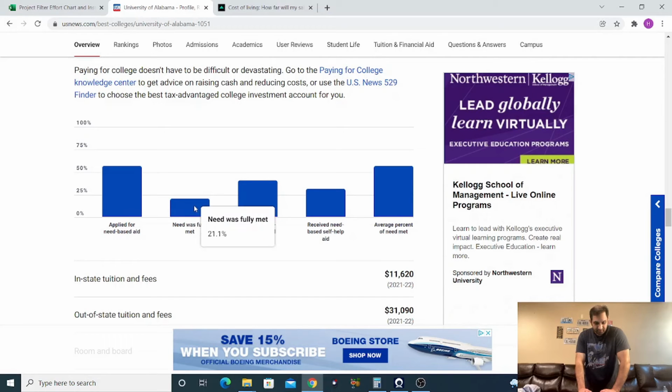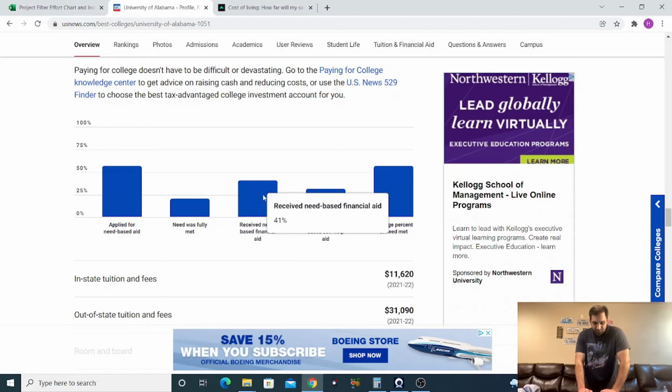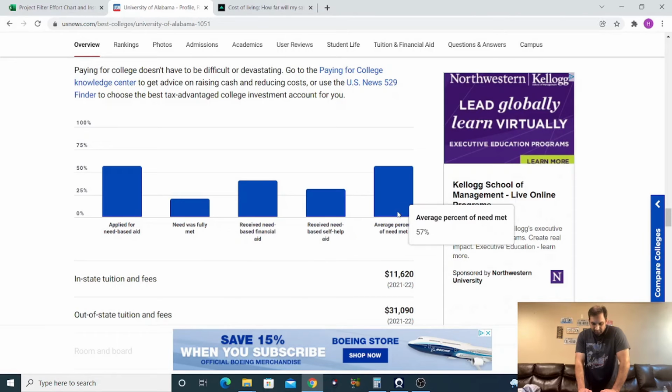About 50% and like 21% got full financial aid. 41% got need-based financial aid. 31.8 got self-help aid. 57% got their full need met.